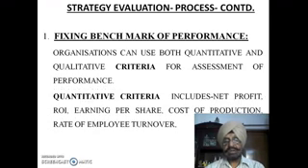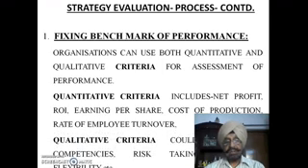What is quantitative criteria? This includes examples: net profit, return on investment, earning per share, cost of production, rate of employee turnover. Then qualitative criteria could be skills and competencies, risk-taking, potential, and flexibility.